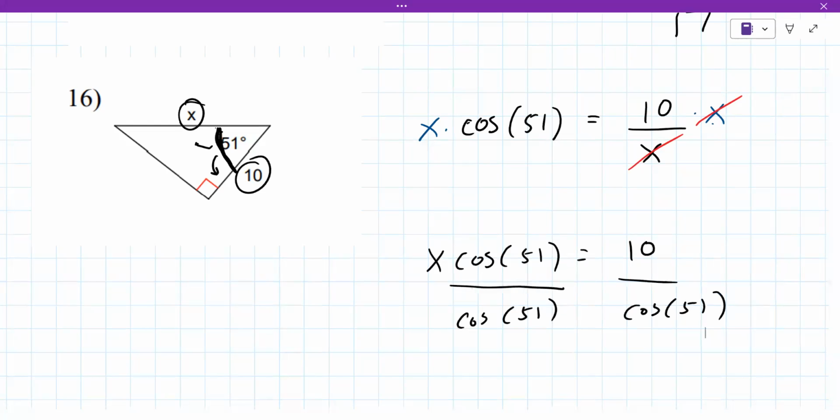Could you go to your calculator and give me that result? 15.9. It's really good.